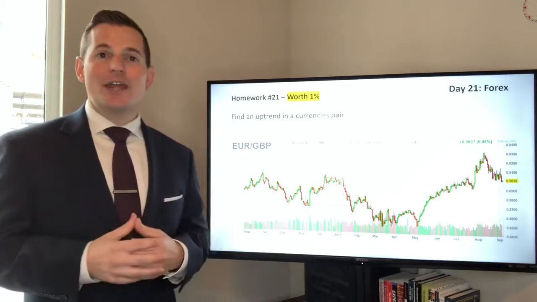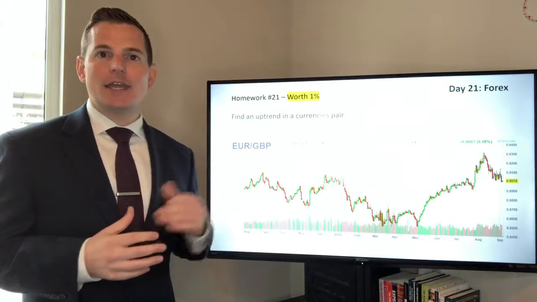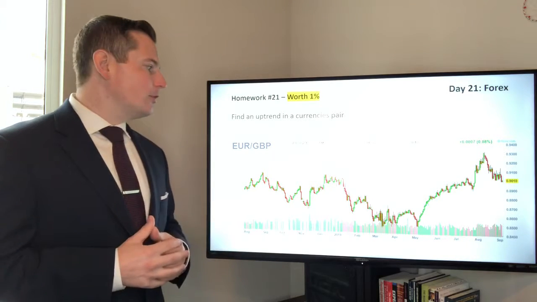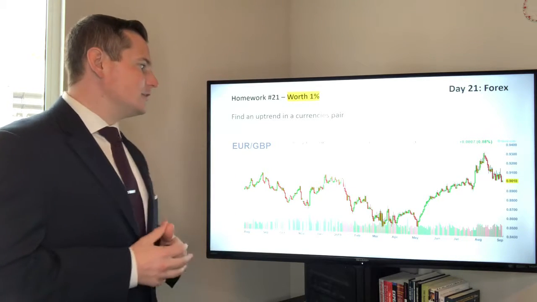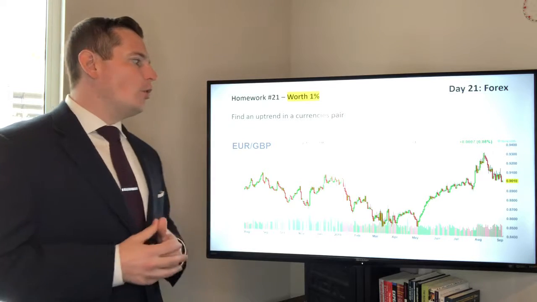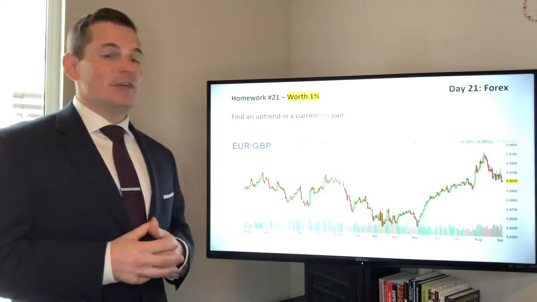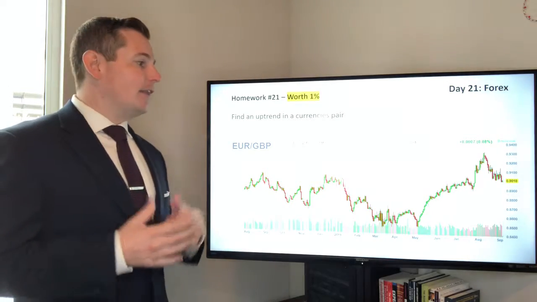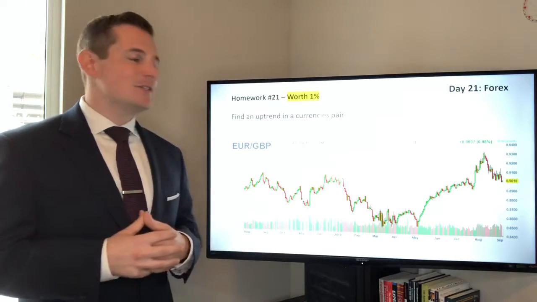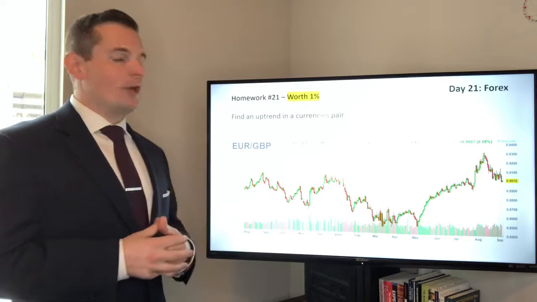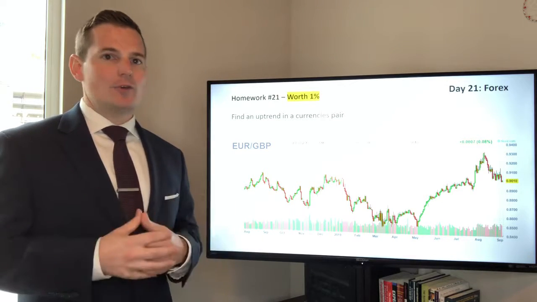And remember, an uptrend is higher highs and higher lows. So that's what you're going to look for in the market. And I was able to easily see that the euro against the pound seems to be in an uptrend. And that could be for many reasons, but at this point, we're just trying to find the uptrend, okay?